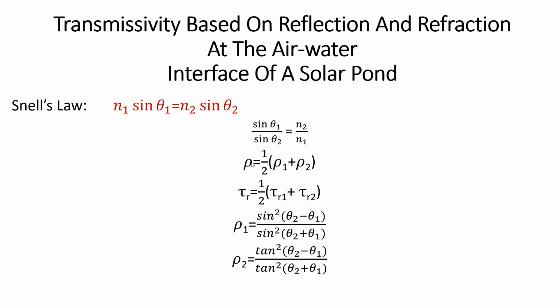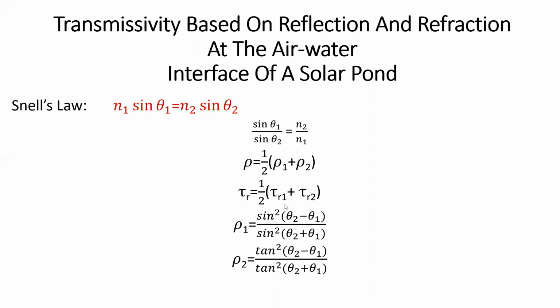Here rho is the reflectivity, and rho 1 and rho 2 are the two components of polarization of reflectivity, and rho is half of rho 1 plus rho 2, and tau r is the transmittivity, half of tau r1 plus tau r2.